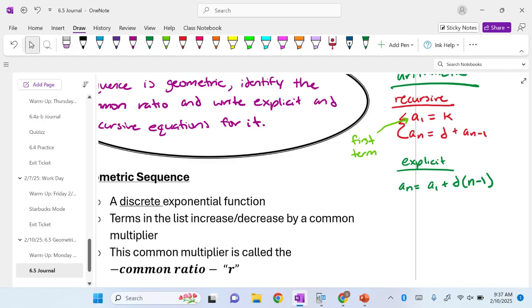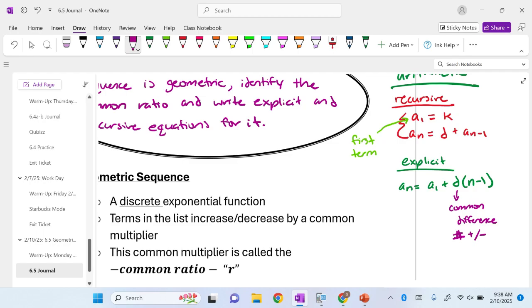Difference. So your d value stands for common difference. Basically, it's the number you add or subtract to get to the next.